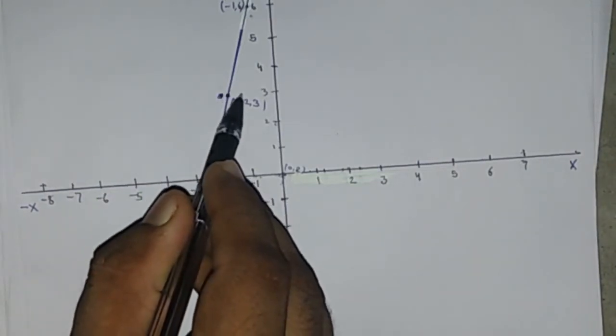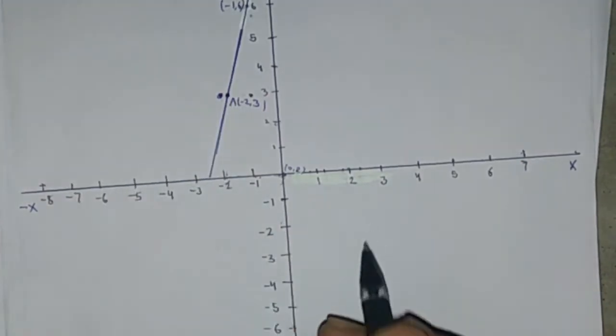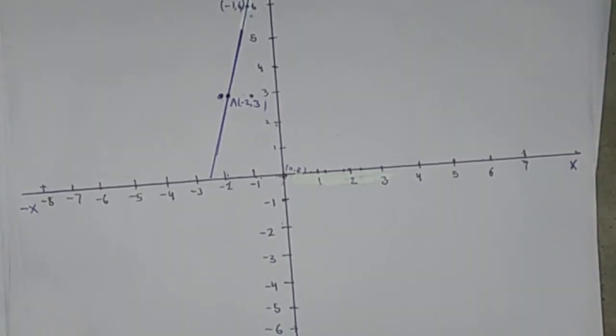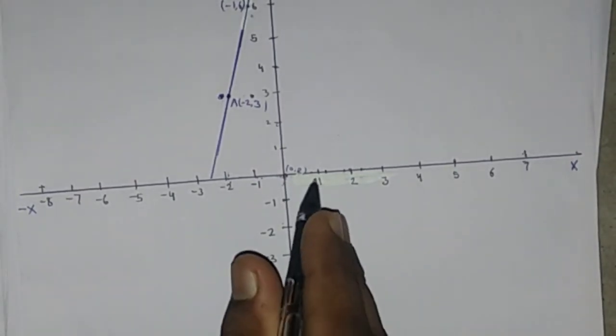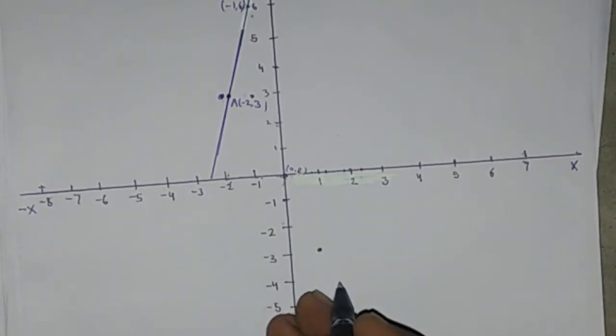Then we get this point. 0 comma 0 is this, and x equal 1, y equal minus 3 is this point.